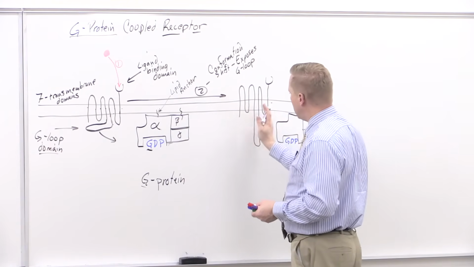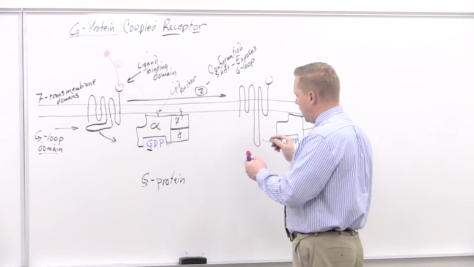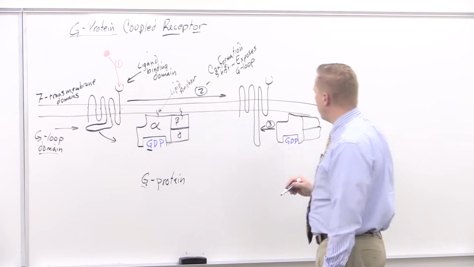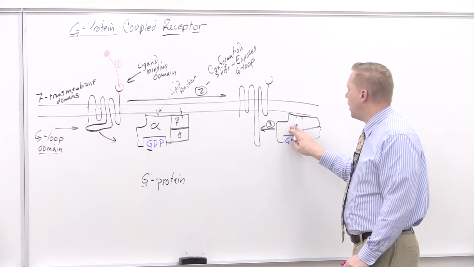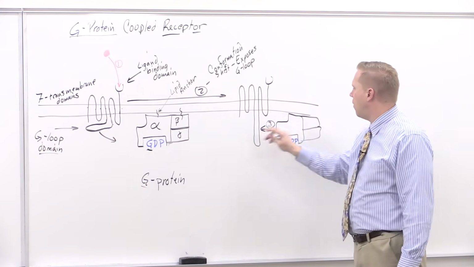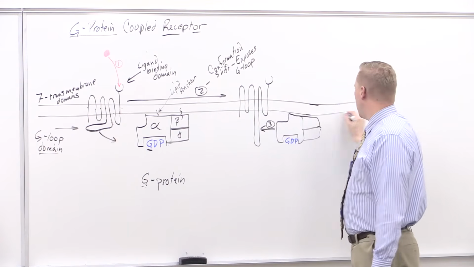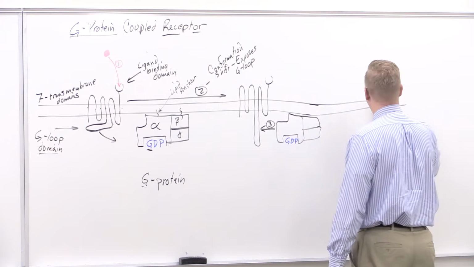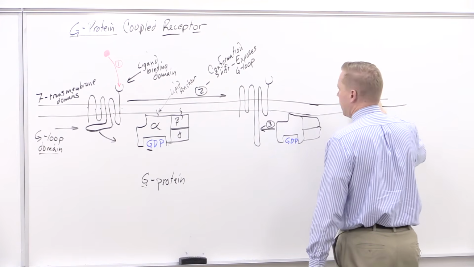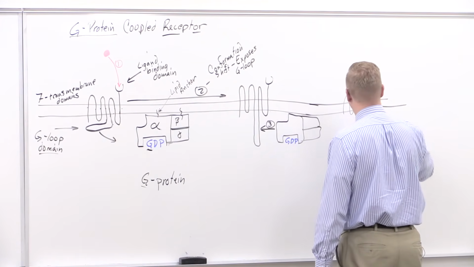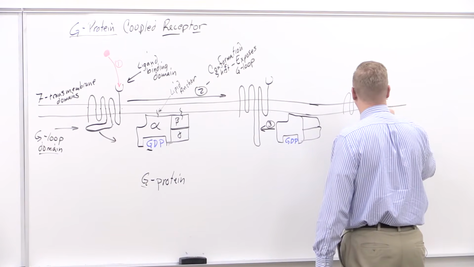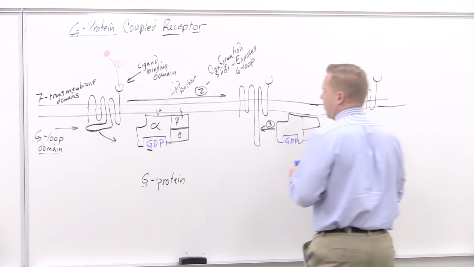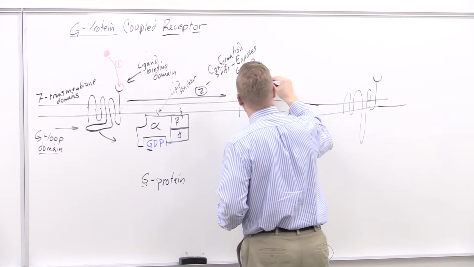Before, this loop wasn't down, it was tucked up and it couldn't fit. But now we can, in step 3, get association. So now my G protein itself is going to associate with my G protein coupled receptor. And so now we get something that looks like this. So I better draw a ligand in here.